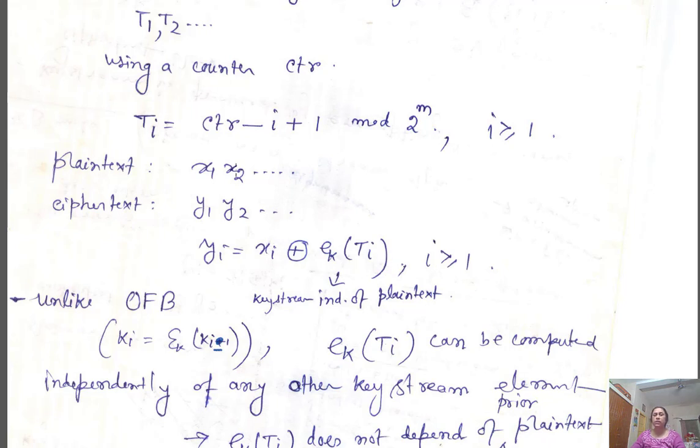This hides the structure of the plain text, because these Ti's are independently generated, so the Xi's are mixed properly. From Yi, finding any information about Xi, that is information leakage about Xi, is very little here, because the Ti's are independently generated.